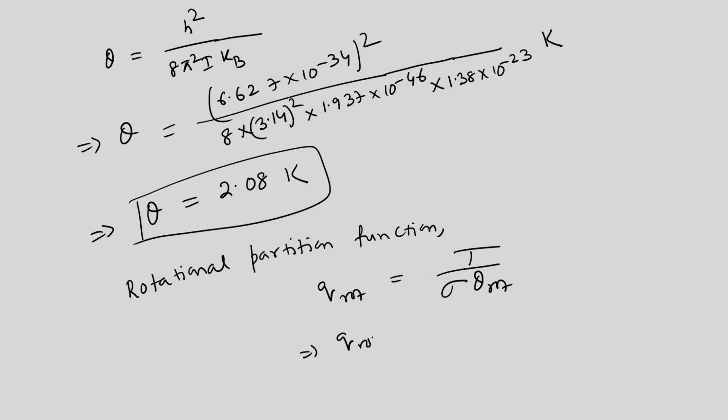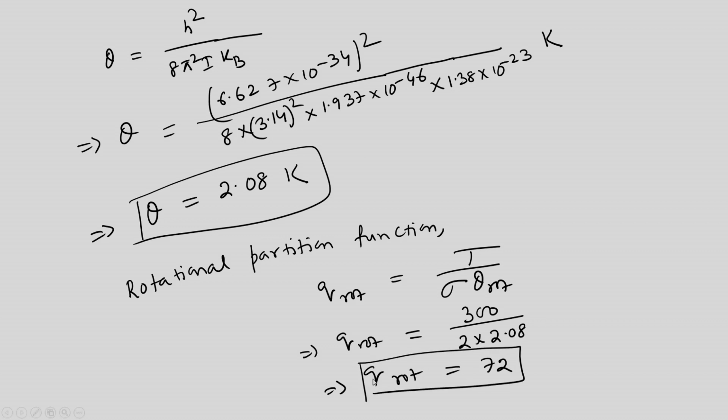So, Q rotational is, temperature is 300 Kelvin and sigma is 2 and theta is 2.08. So, you get Q rotational is 72. Okay, so this is the value of rotational partition function.